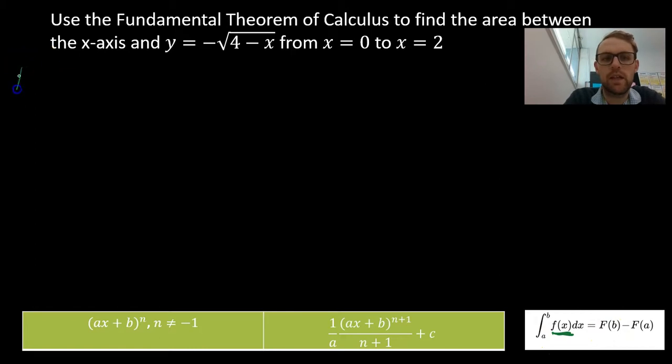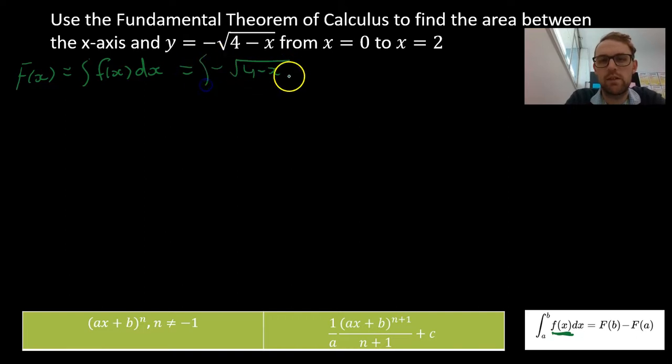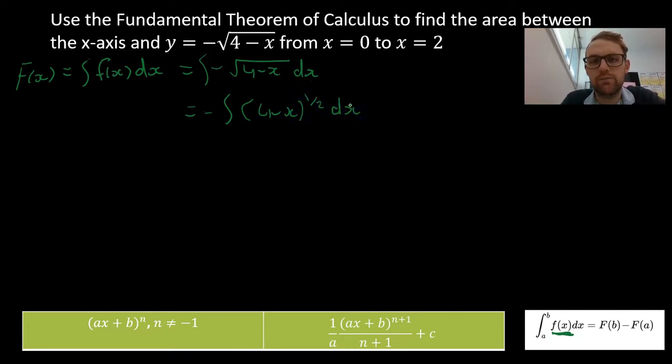So capital F of x equals the integral of my lowercase one, which is, like I said, negative square root of 4 minus x, dx. I'm going to rewrite that. I'm going to take the negative out of the front because it's not necessary for the integral. I'm going to write 4 minus x to the power of 1/2 dx.